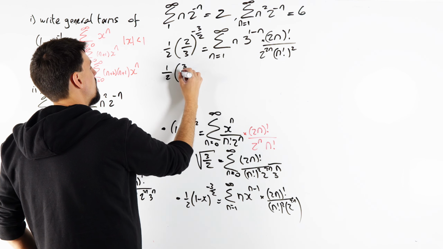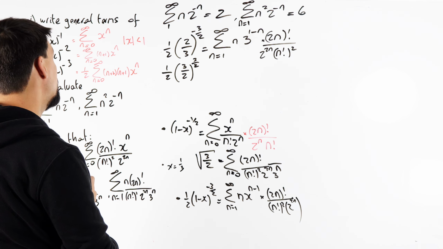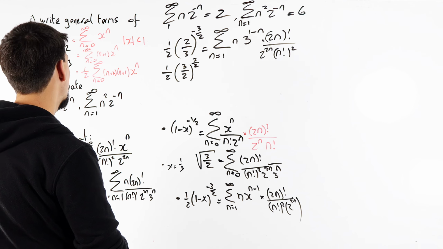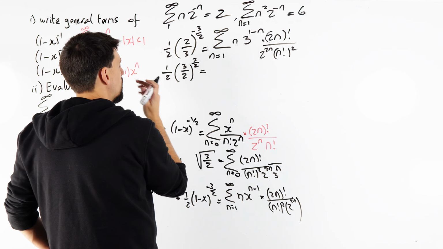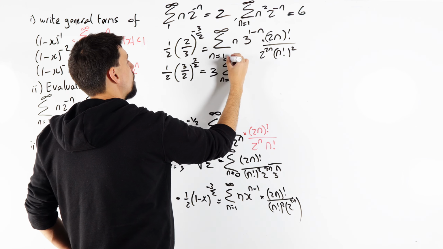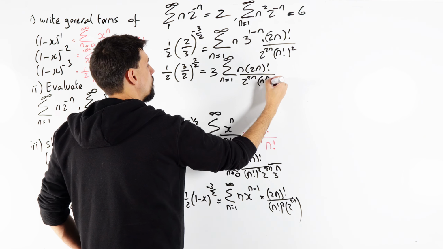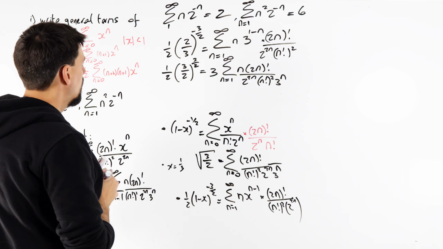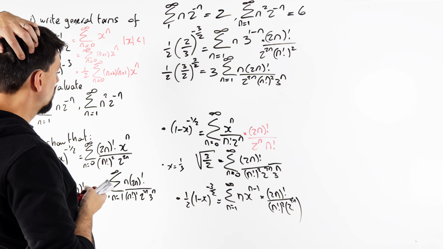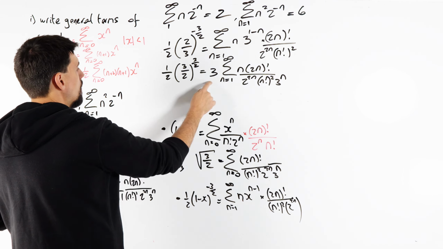1/2, let's flip this, 3 over 2 to the 3 over 2. Not entirely sure where this is going for me on that side. That is 3 times the sum that I want. Bring that in.